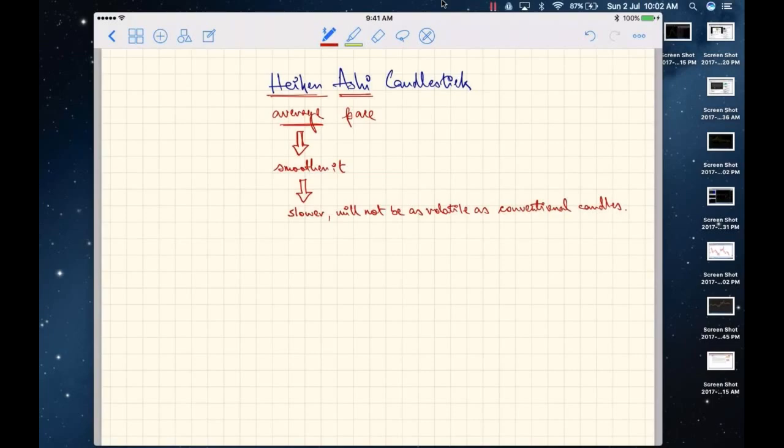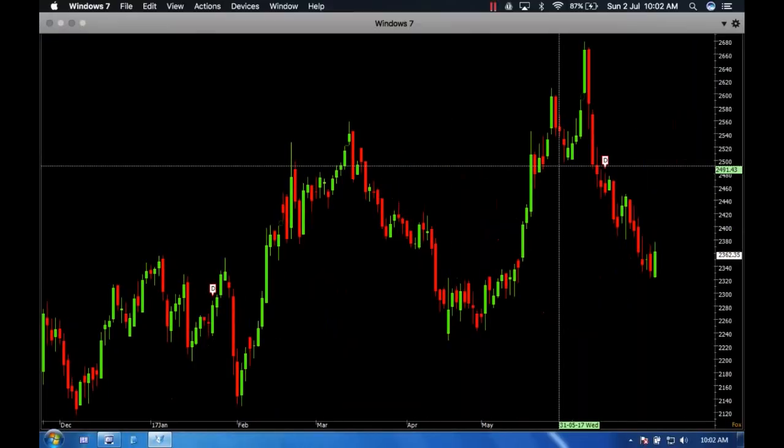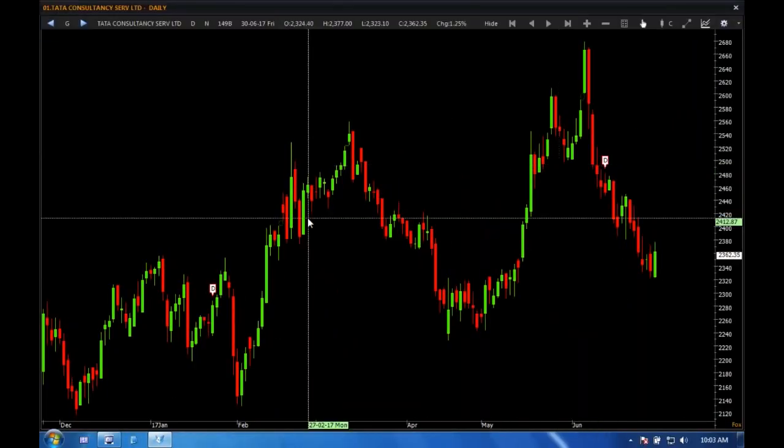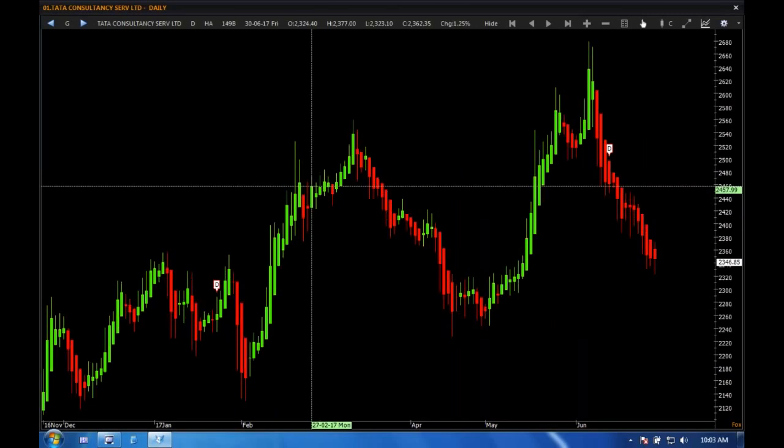Okay. So we have the chart of TCS open in front of us. There you go. And over here I can change the way I look into these candles, and I can make it Heiken Ashi. This is the same TCS, the same time period of daily periodicity, the same open high low close.